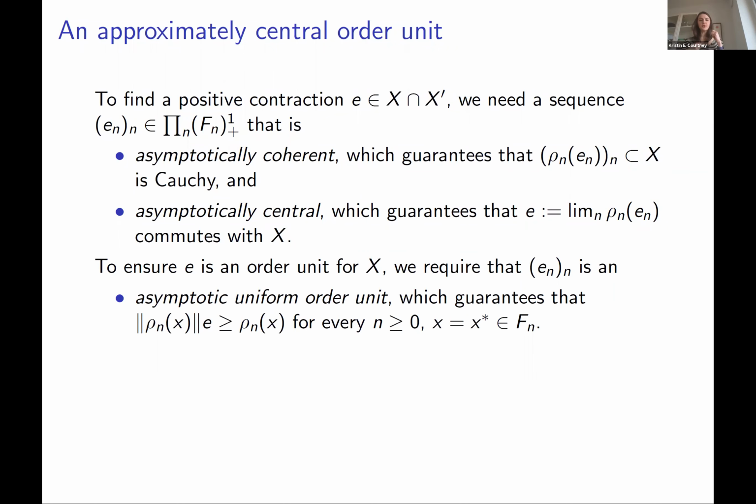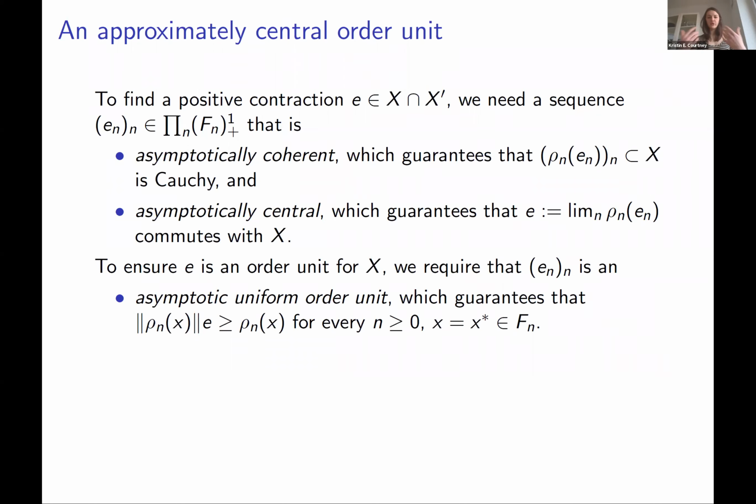So skipping to the third criterion, to ensure that E is an order unit for X, we also want to require that the sequence E_n is an asymptotic uniform order unit. What we want to guarantee is that if you take any n and any self-adjoint element x in F_n, and we look at the image of x in this canonical induced map rho_n into the quotient algebra, the norm of x times E dominates rho_n of x.